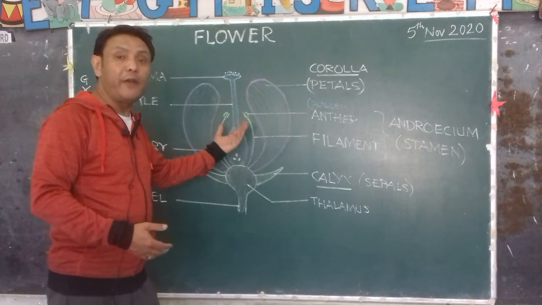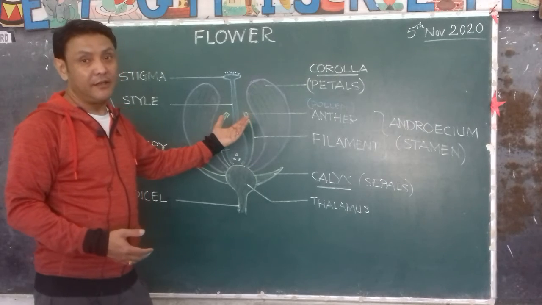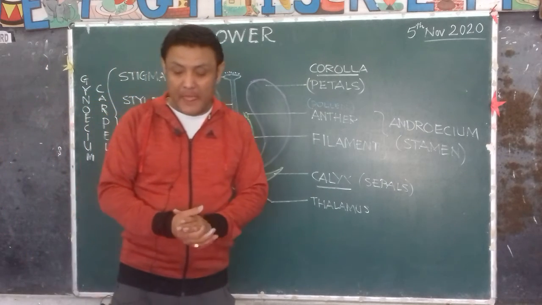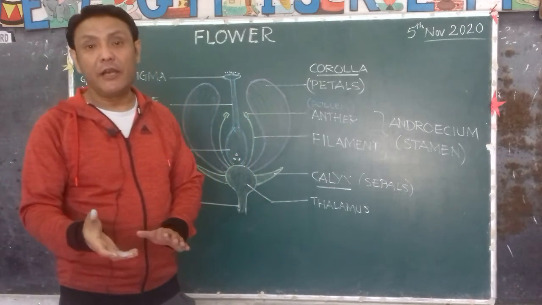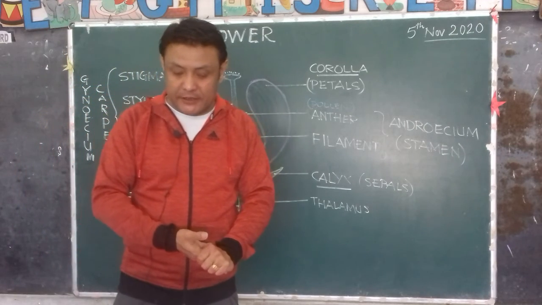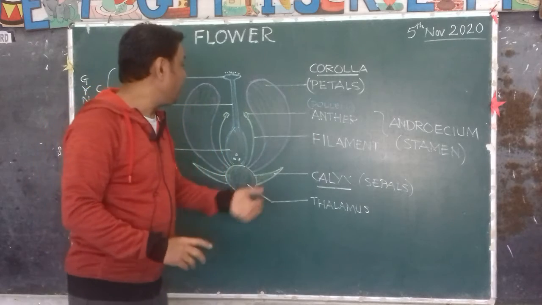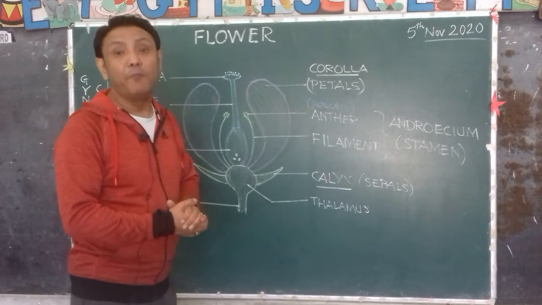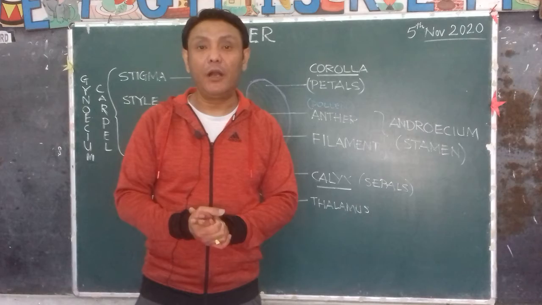So complete flowers are always bisexual flowers. Understood? The examples: hibiscus, rose, petunia. You must have heard about these flowers. You must have seen them. So hibiscus, rose, petunia, these are complete flowers as well as bisexual flowers.